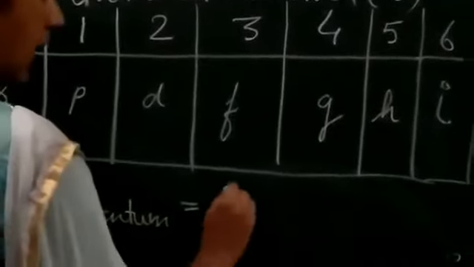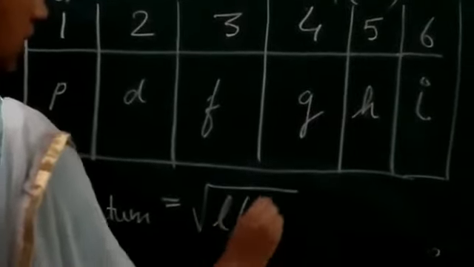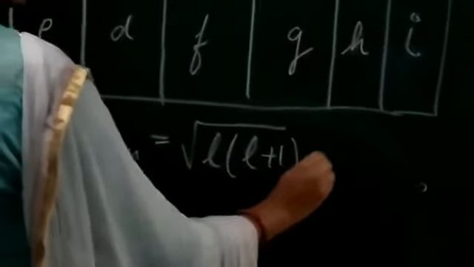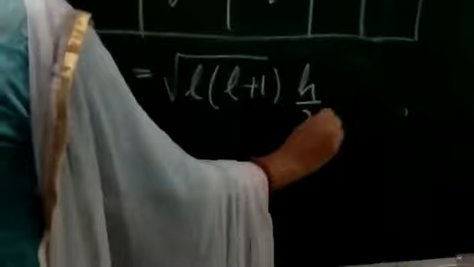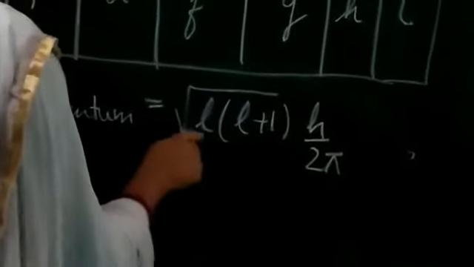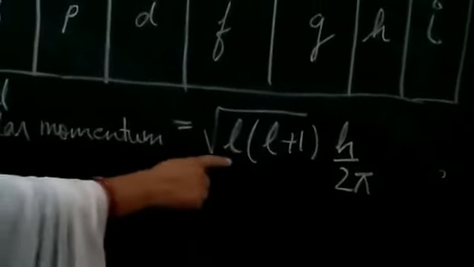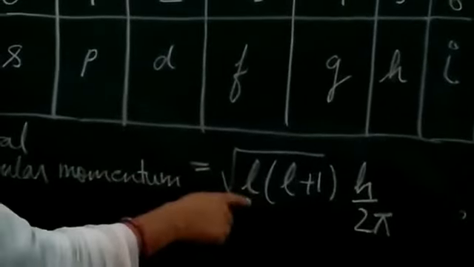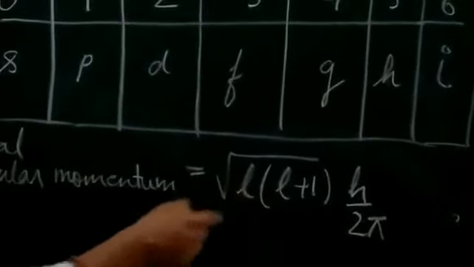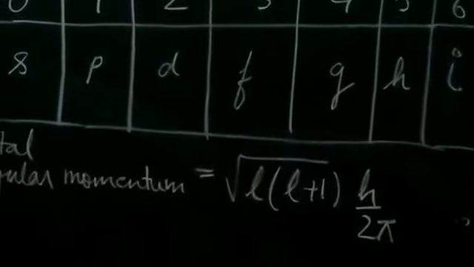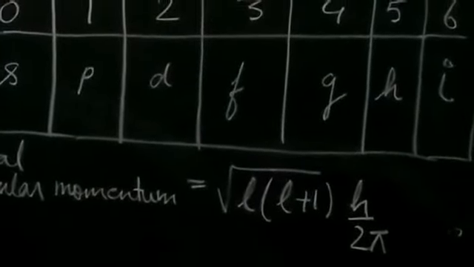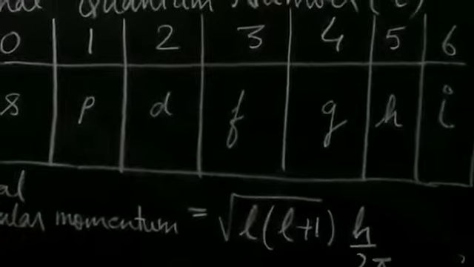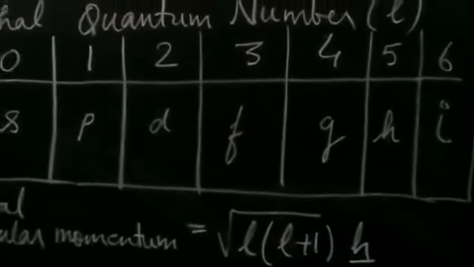So it is under root L, L plus 1, h upon 2 pi. So by knowing the value of L, that is the electron's subshell value, we can find out the orbital angular momentum which will be associated with it when it is moving in that particular subshell.